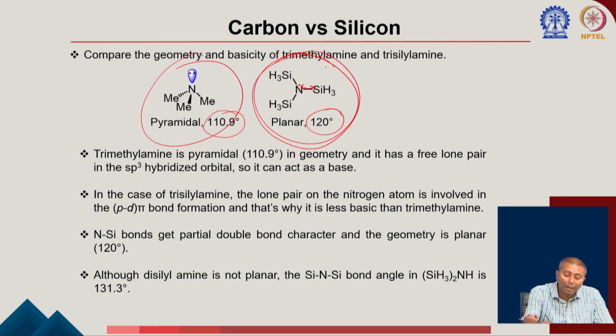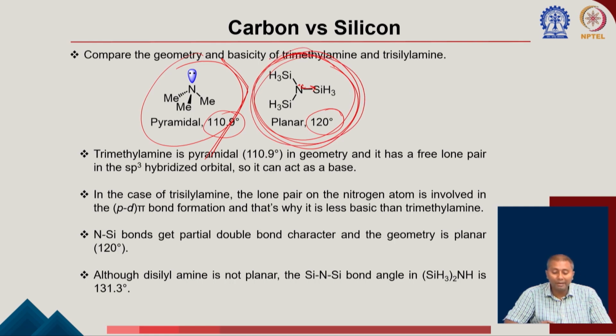This has two important effects. One is that it changes the basicity. Trimethylamine is a stronger base than trisilylamine, because the nitrogen lone pair is already giving some electron density to the vacant d orbital. Because of this partial double bond character, it gets a planar geometry.